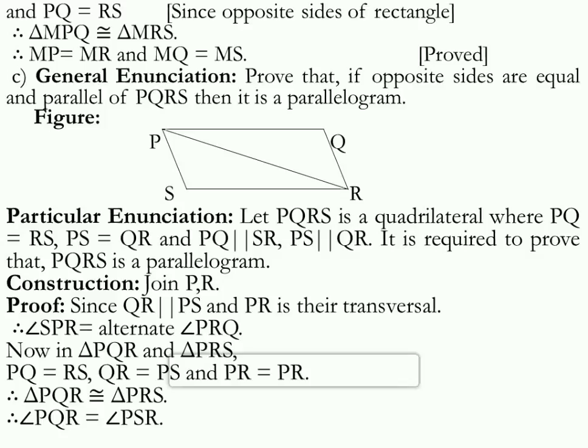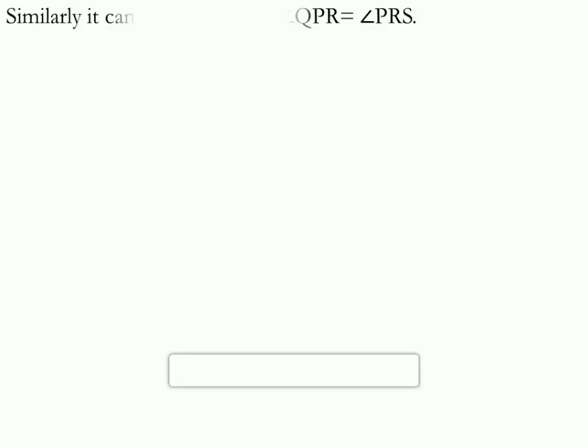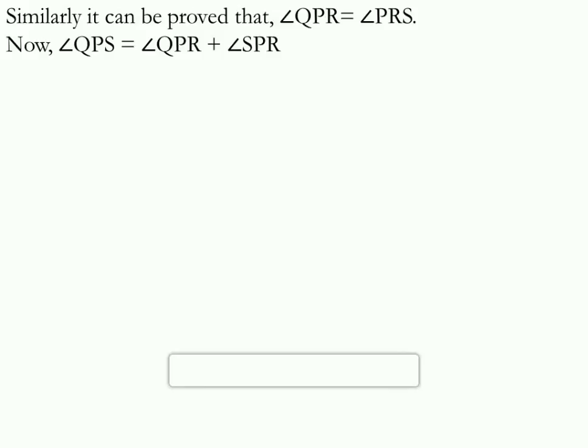Now similarly we can prove that angle QPR equals angle PRS. Now if we write angle QPS, it can be split into angle QPR and SPR, and their summation is QPS. QPR is already equal to PRS and SPR is already equal to PRQ. So instead of QPR and SPR, we can write PRS plus PRQ, which is the sum of angle QRS.